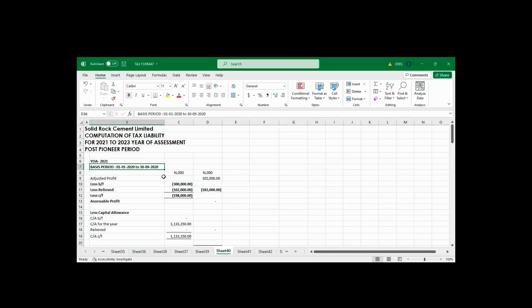That means your capital allowance is going to be 9 months. Your annual allowance for 2021 year of assessment is going to be 9 months. Yes, it is the annual allowance we prorate. We don't prorate initial allowance. Do you understand? Yes, sir.